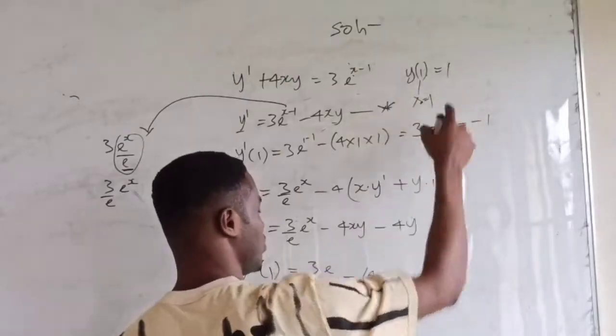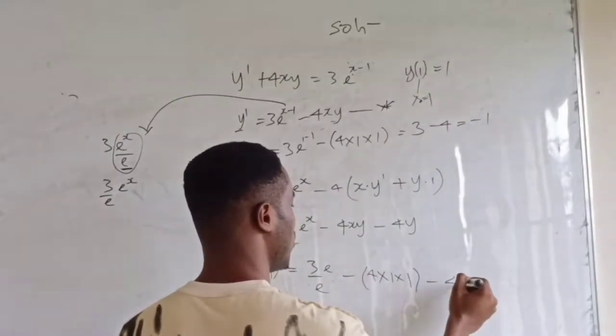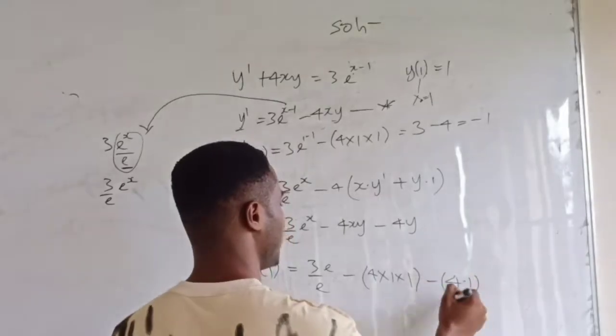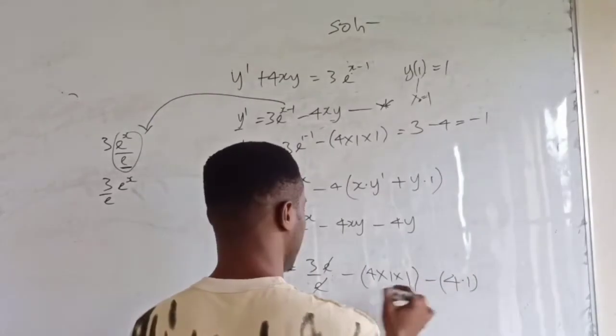What's our y? Our y is 1, minus 4 times 1. From here, e can cancel e.